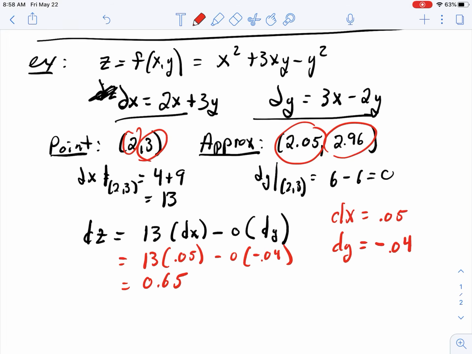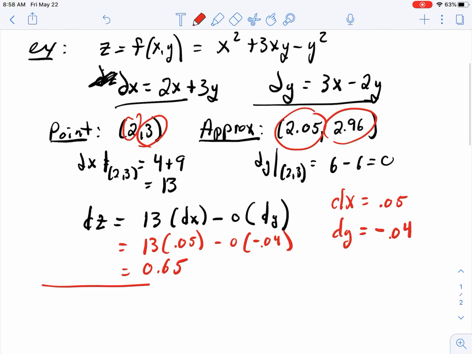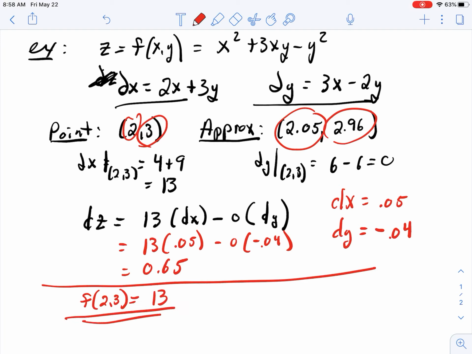Now, my original value, if I come back to this, my f of 2, 3 was 13.